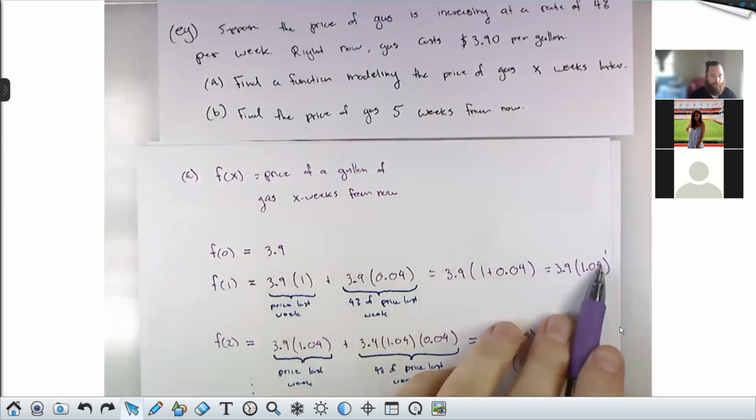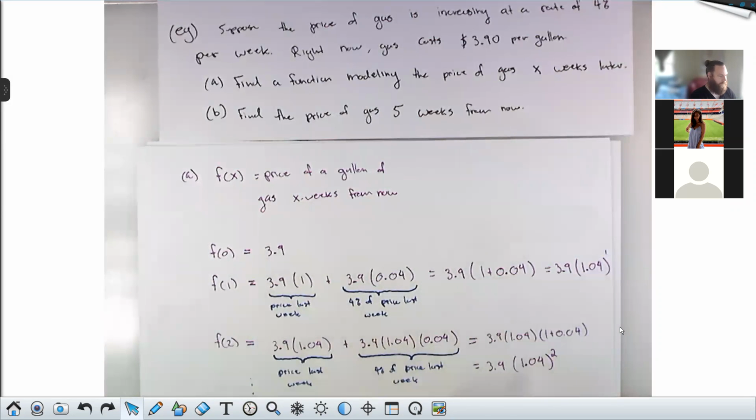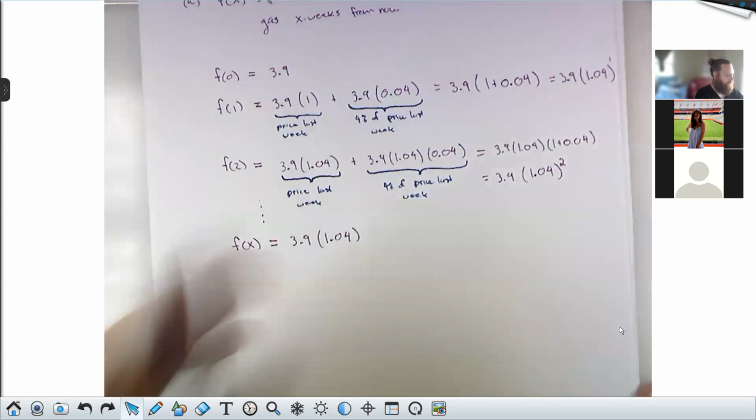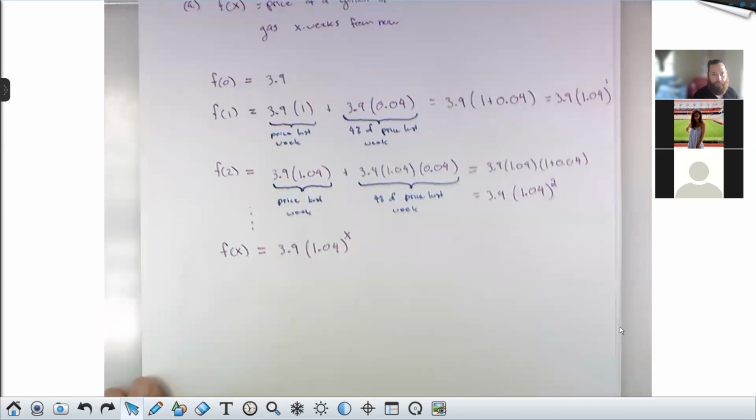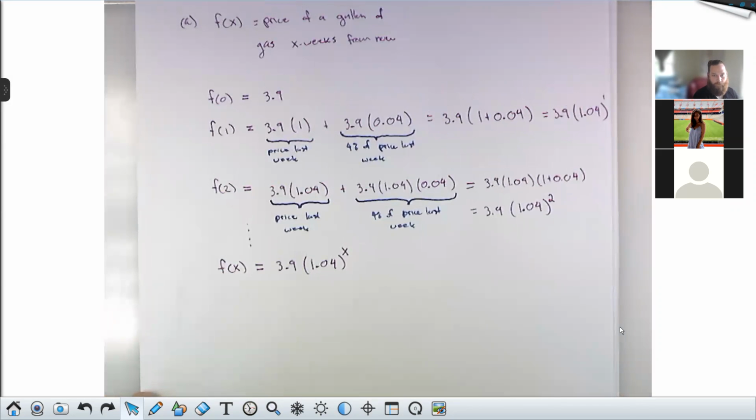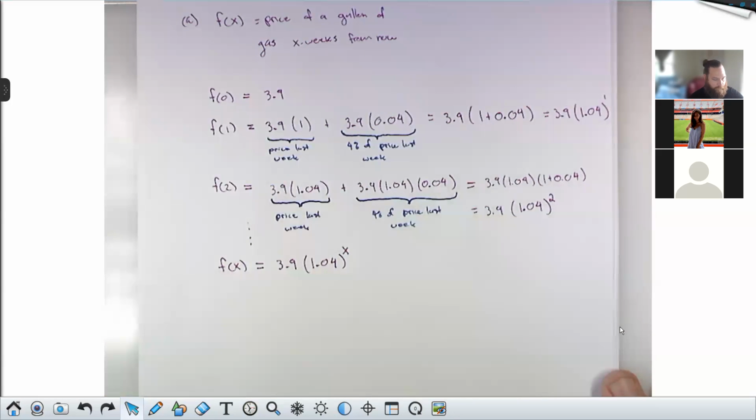Well, f of 1 had that to the 1, f of 2 has that to the 2, f of x will have that to the x.